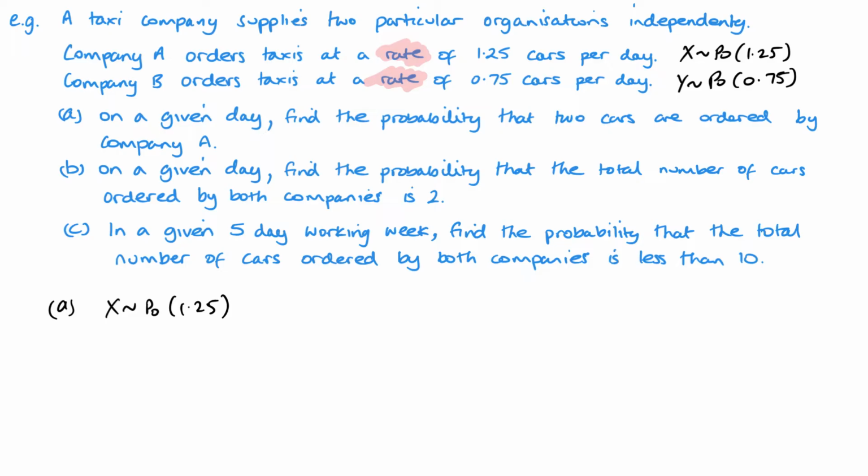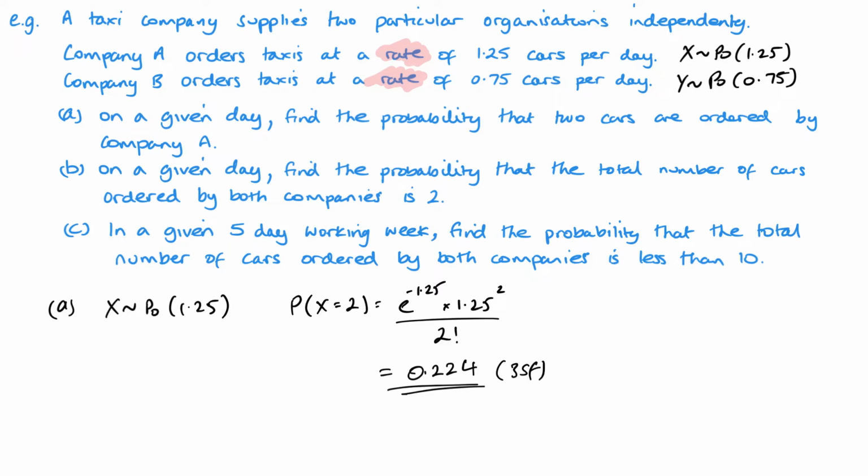For part A, 2 cars are ordered, so that's the probability when X equals 2. For that, I like to use the formula: e to the minus 1.25 times 1.25 to the power 2 over 2 factorial. And that is 0.2238, or 0.224 to 3 significant figures. Don't forget you can also use your Casio 991 or 570 if you have the ClassWiz version of those for the distributions.